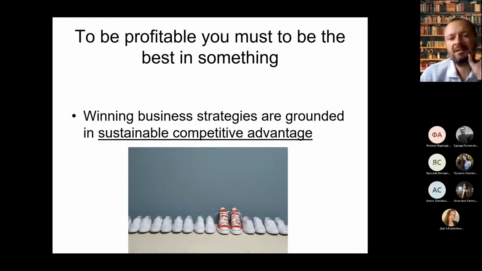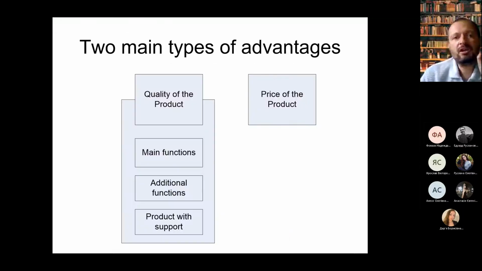So we must have sustainable competitive advantage, and there are only two ways of sustainable competitive advantage: price leadership or quality leadership, or differentiation. And we can use differentiation strategy by main functions, by additional functions, or by products with the support.